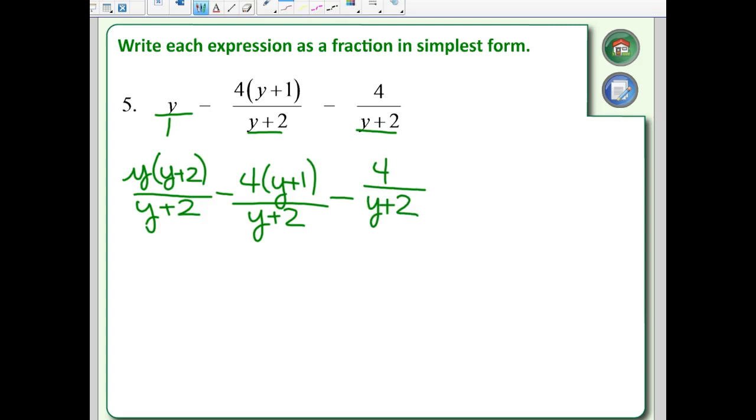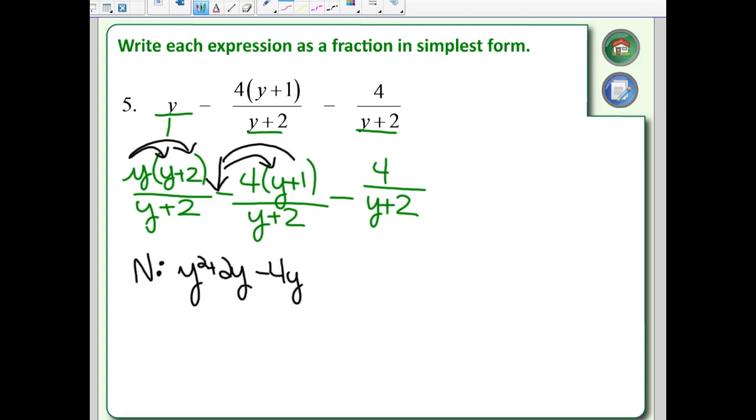Now, let's look at our numerators. Let's do the math in the numerators so we can combine like terms. So we know y times y is y squared. And then we've got y times 2 is 2y. Ooh, did you see my minus sign here? We're multiplying, could be red flags waving, so that's going to give me negative 4y, and negative 4 times 1 is negative 4, and then we've got our final fraction right here, minus 4.